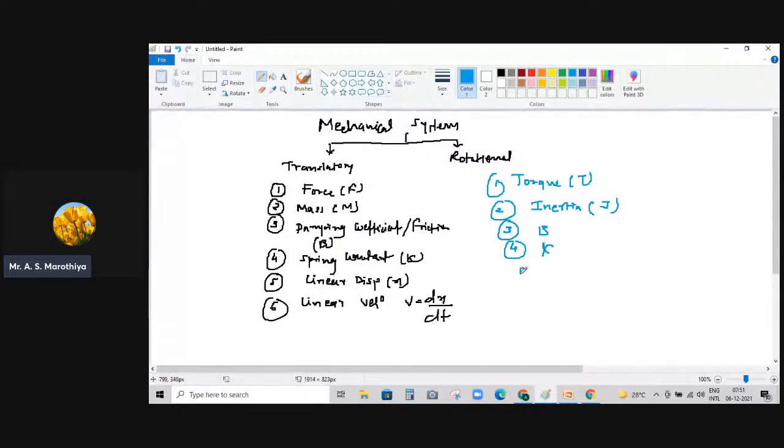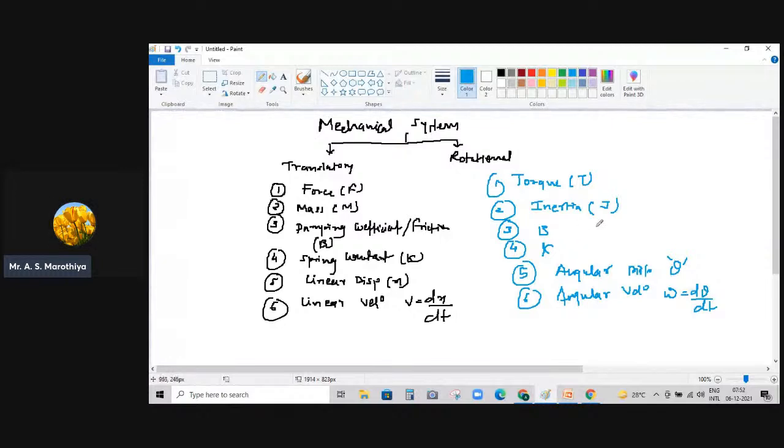Then instead of linear displacement, we have angular displacement indicated by symbol theta, and then we have angular velocity indicated by symbol omega, and the value is d theta by dt.